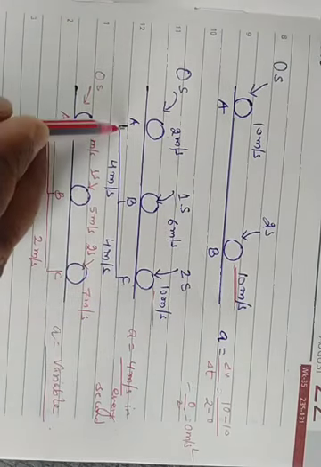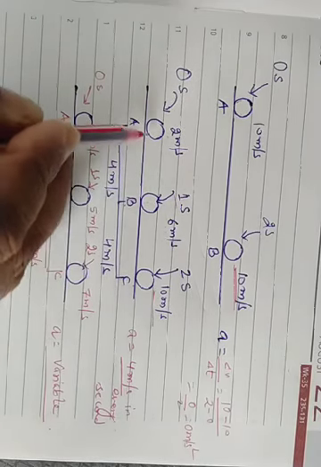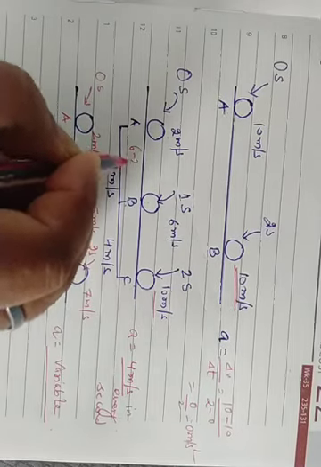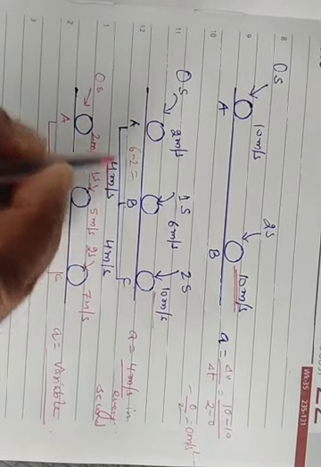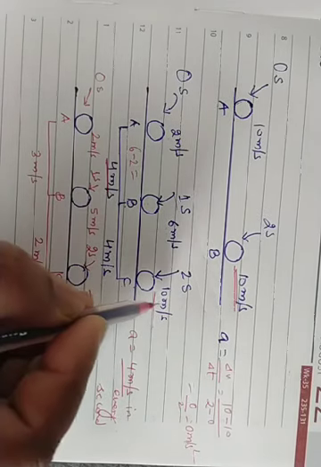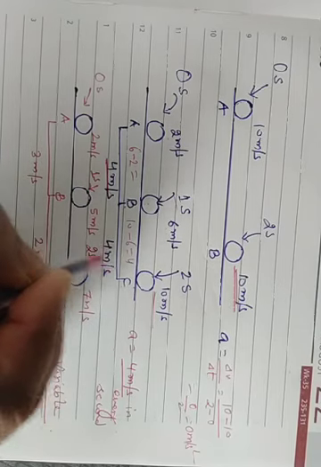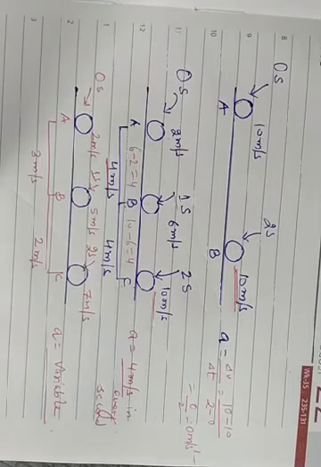So from A to B, what is the change in velocity? We will say 6 minus 2 gives 4 meter per second from A to B, and from B to C again 10 minus 6, again 4 meter per second, right?